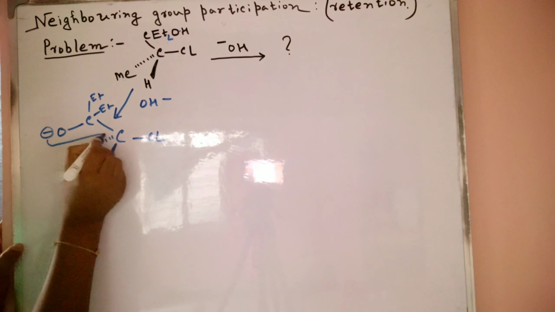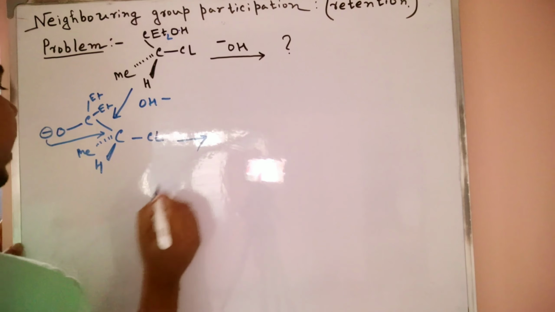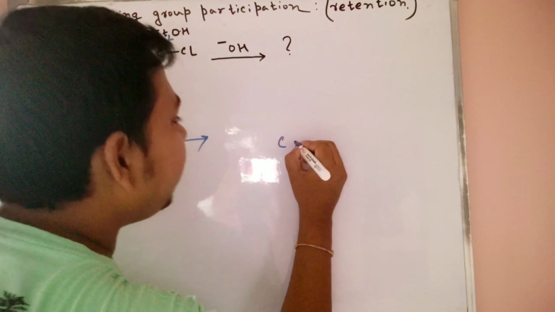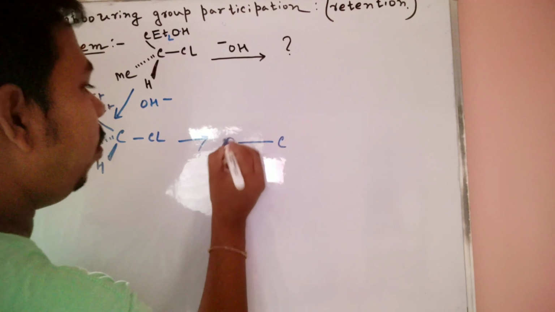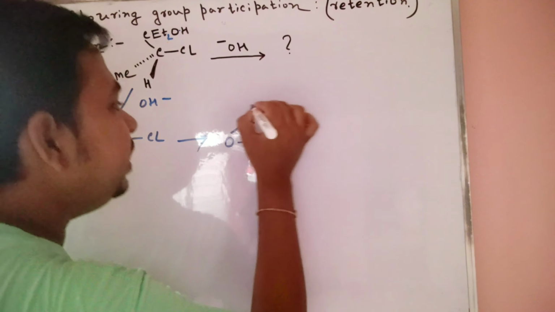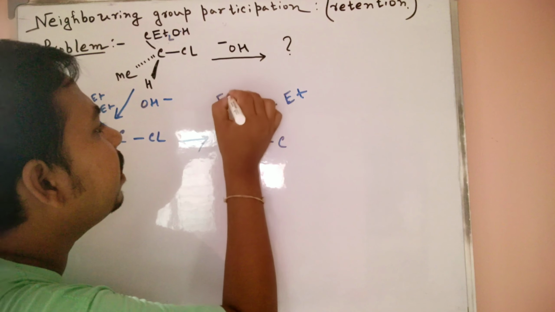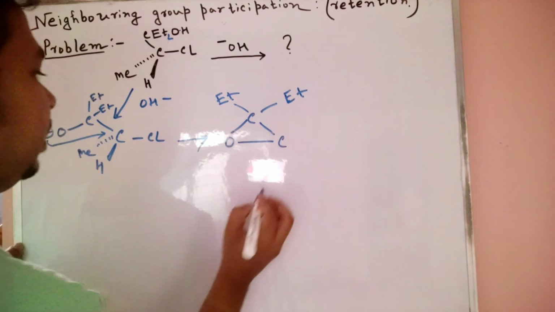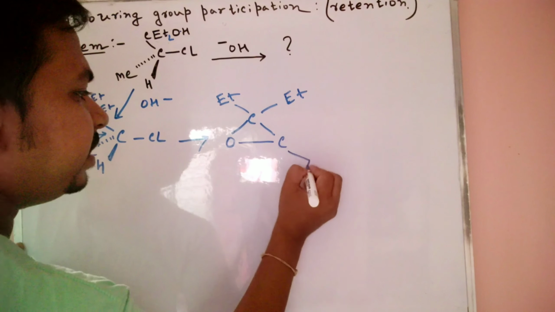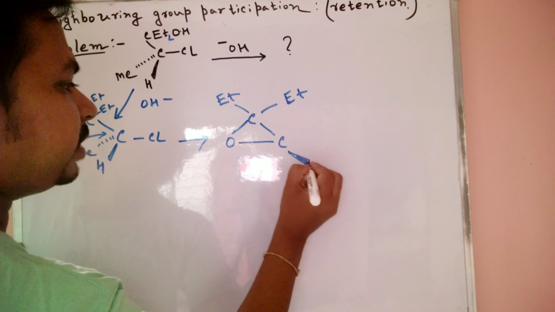This O minus attacks on this carbon. So after the attack, a product forms, and here this one is inverted.